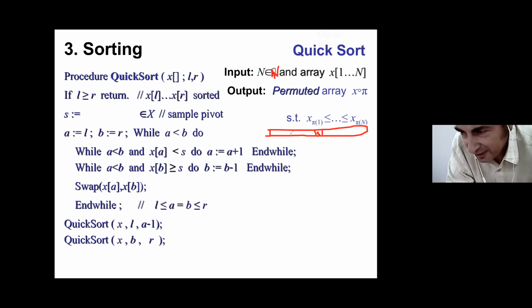And then here everything is less than S, and let's say here everything is bigger or equal to S. So you have this division, okay, by this element S. And this number A, which at the end is equal to B, so A and B are equal at the end. This gives you the position of this element S. Okay.